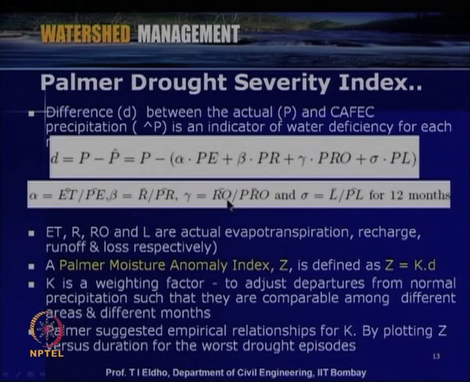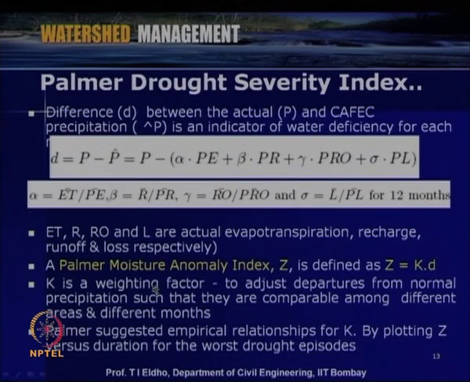Alpha, beta, gamma and sigma are defined like this: alpha = Et bar / Pe bar, beta = r bar / Pr bar, gamma = ro bar / Pro bar, and sigma = L bar / Pl bar, for the 12 months we consider. Here Et, r, ro and L are the actual evapotranspiration Et, recharge r, runoff ro, and loss L respectively.